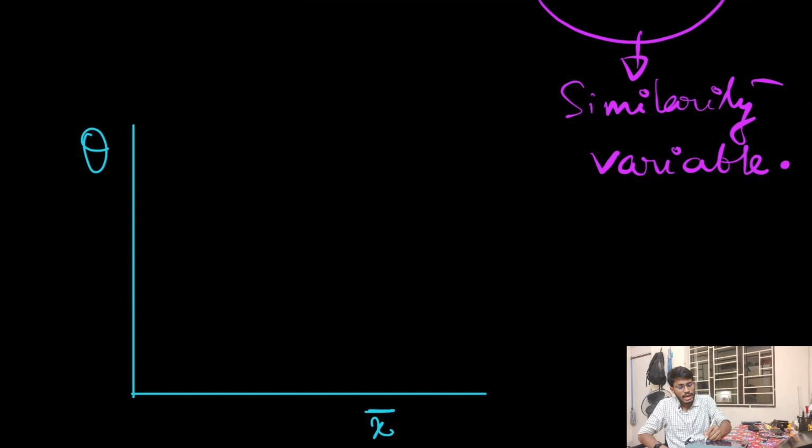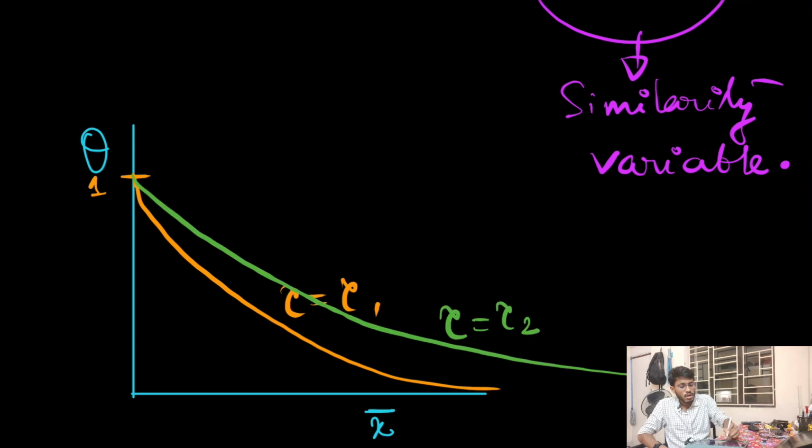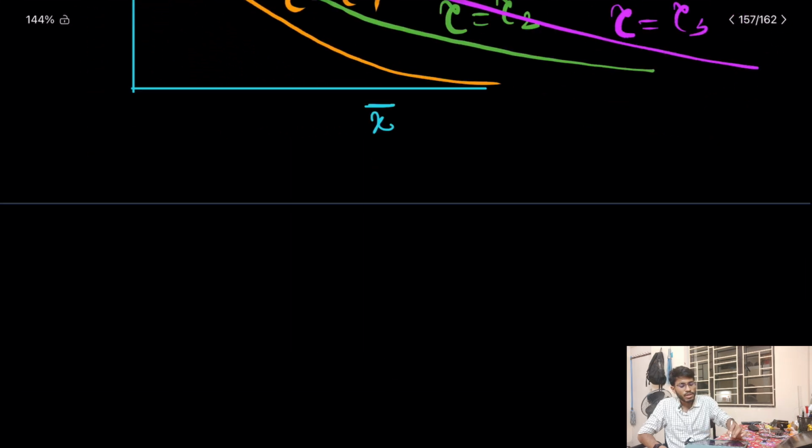So at x bar equal to 0, theta is equal to 1, and at x bar tending to infinity, my theta goes to 0. It will look like this. Now this is maybe at tau equal to some tau 1, and at tau 2 I will have another graph like this. So this will be at tau equal to tau 2. Maybe at tau 3 I will have another graph like this, that tau equal to tau 3.